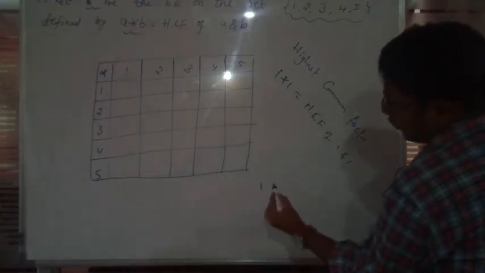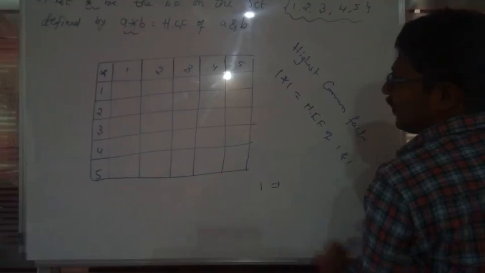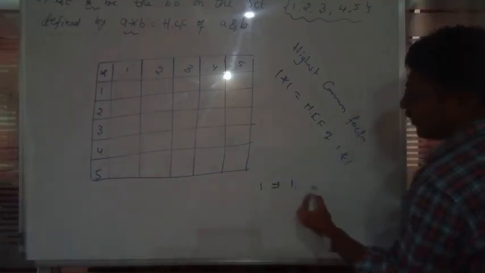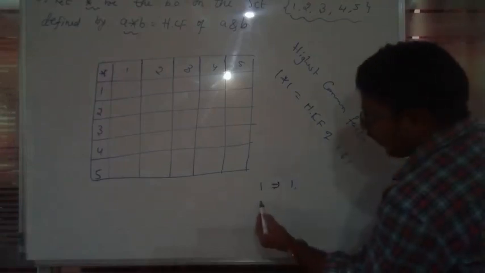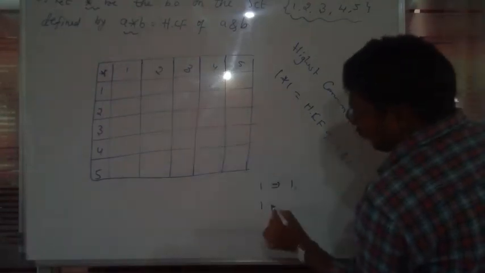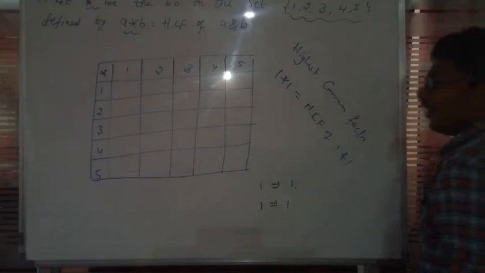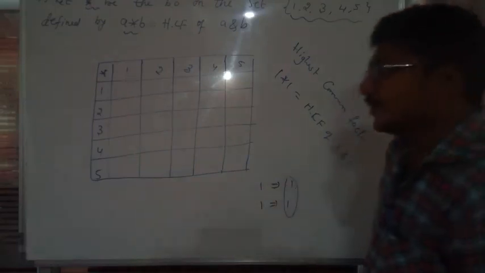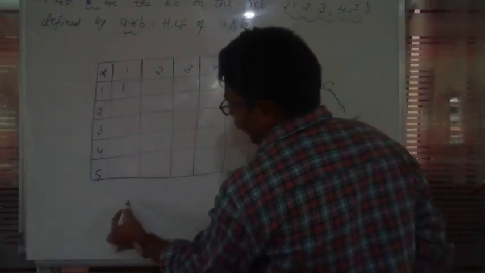First we should write which numbers divide 1. 1 is divisible by 1 only, and the other is also divisible by 1 only. So there is only one common number between these two values, which is why we write 1.